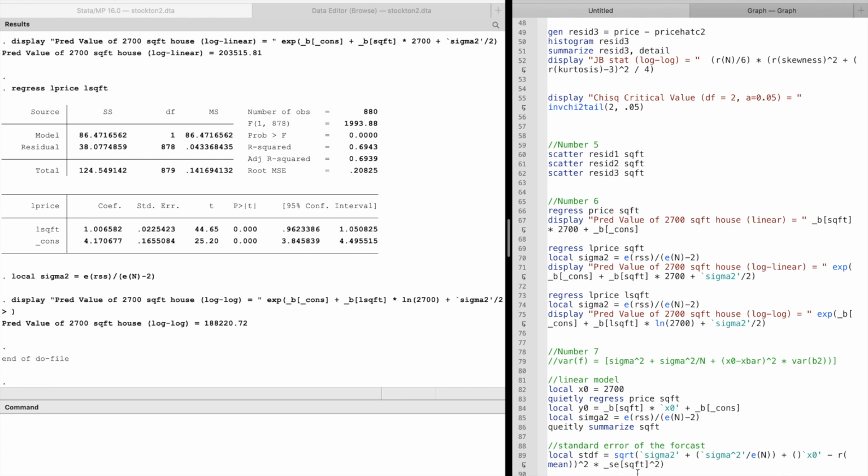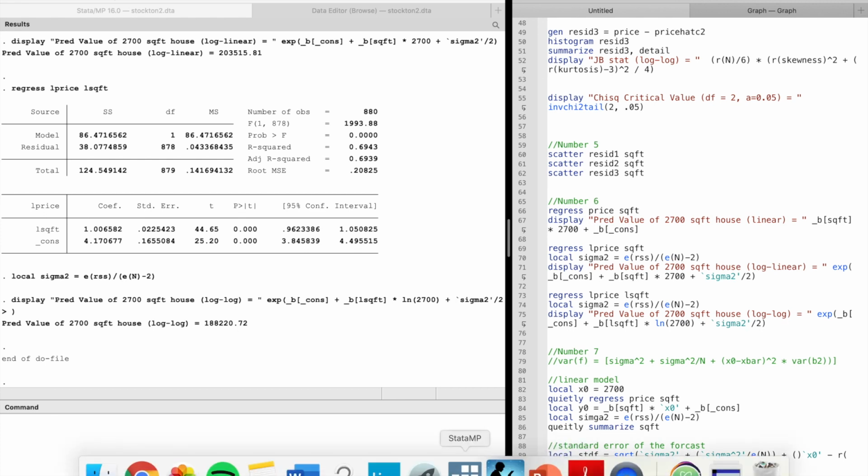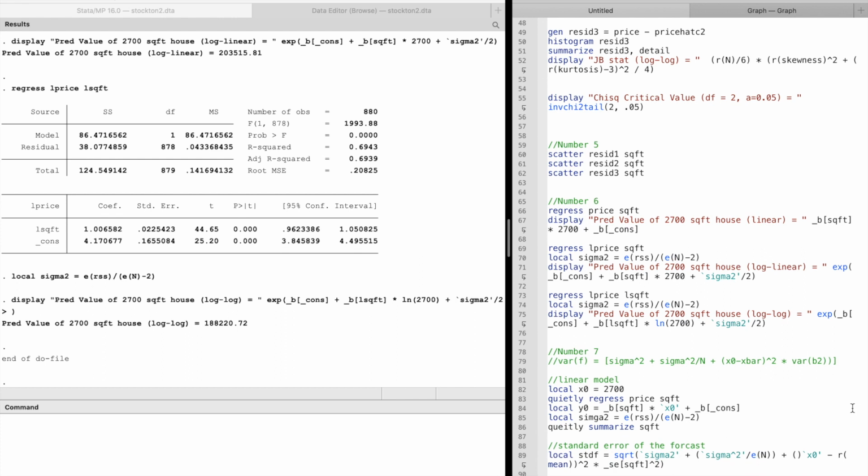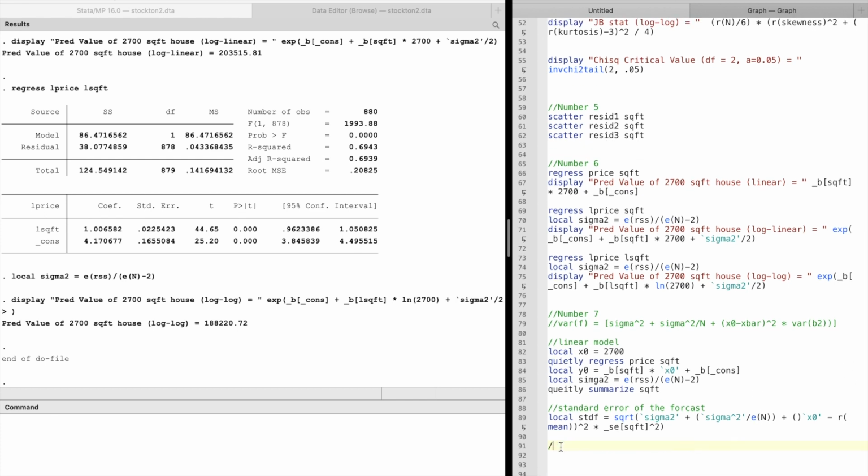And then to find our confidence interval, we just need to basically plug that into the formula for a confidence interval. Let's do display. A bracket in there.